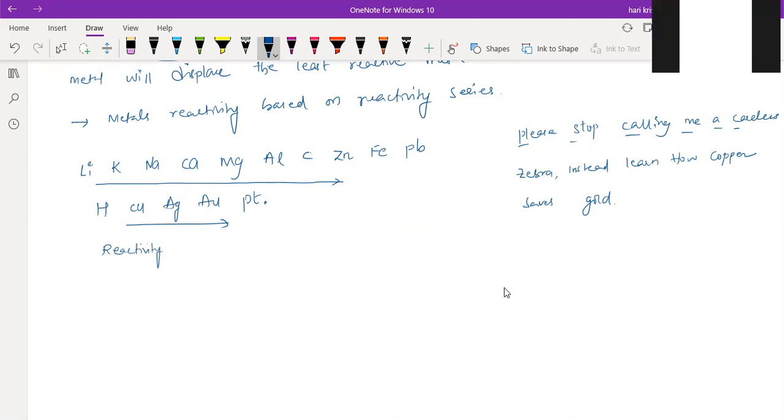The starting elements in the series are more reactive than the middle and lower elements, right? Yes, sir. The starting elements will lose electrons easily and form cations easily. Like lithium, potassium, sodium, calcium will lose electrons easily and form cations easily. If you lose electrons, it means formation of cations only, right? Yes, sir. Next.